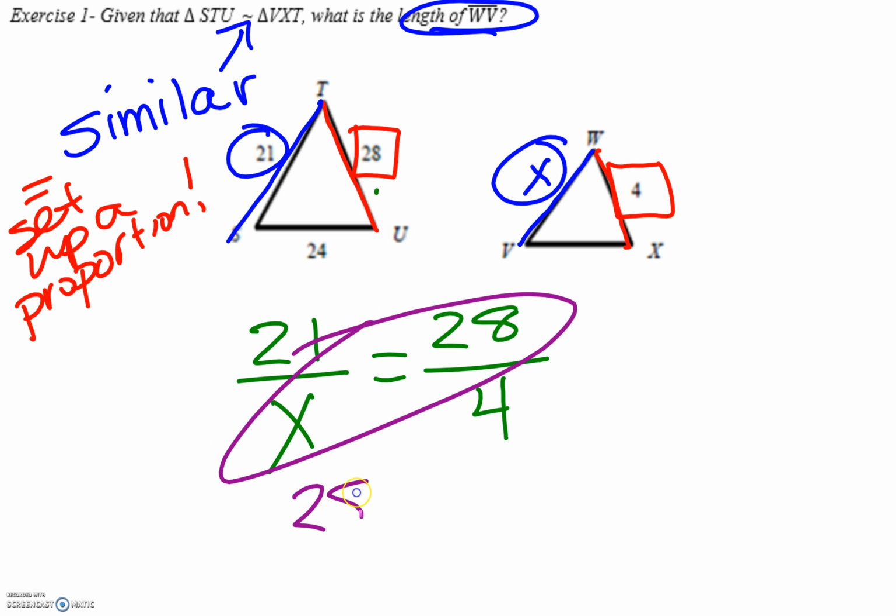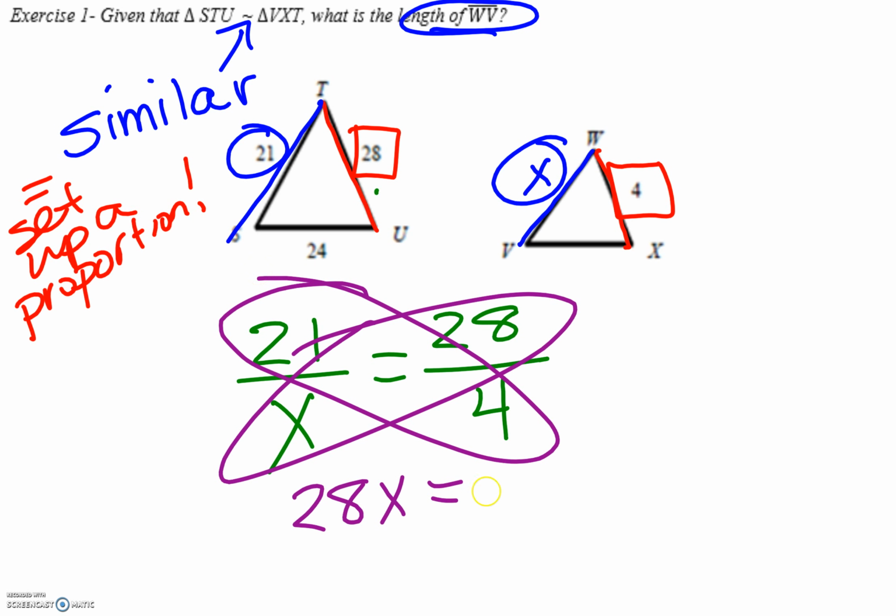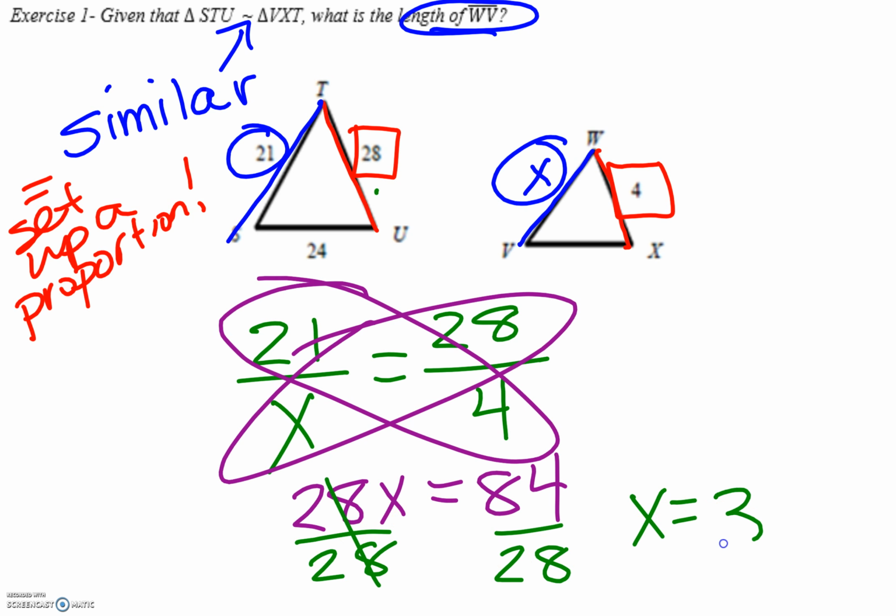So 28x is equal to 21 times 4, which is 84. And we want to divide by 28, and x is equal to 3. X is the value of WV, so we're done with that problem. WV is equal to 3.